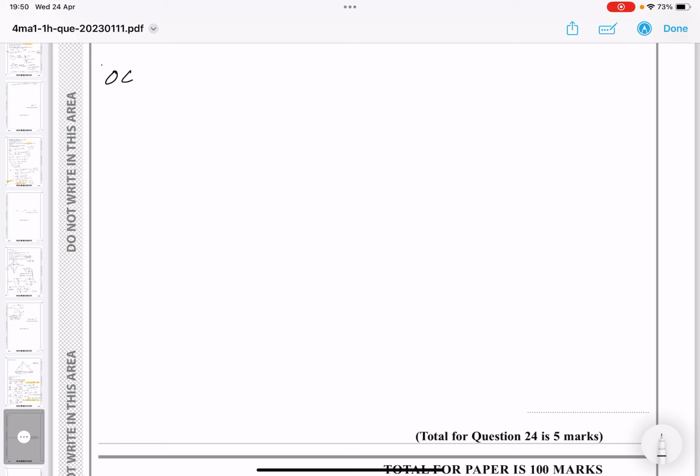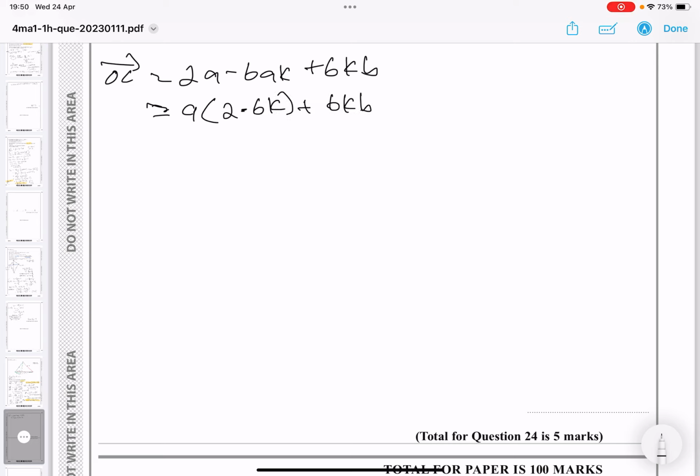OC is (2a minus 6ak plus 6kb). Now if we factorize the a out, we can just write a in brackets 2 minus 6k plus 6kb.